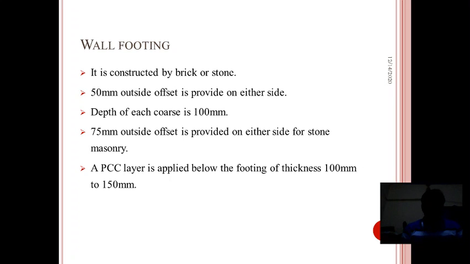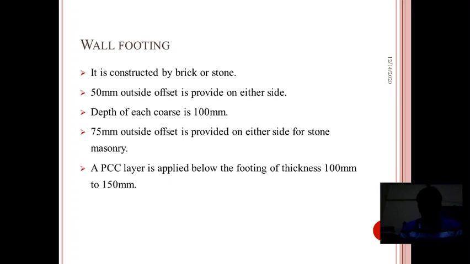We will observe the features of these things. You can read what I have explained now, written in these lines. It is constructed by brick or stone. If we construct using brick, that is defined as brick masonry. If we construct the wall by stone, that will be stone masonry.